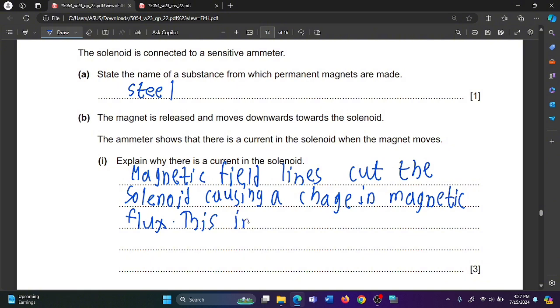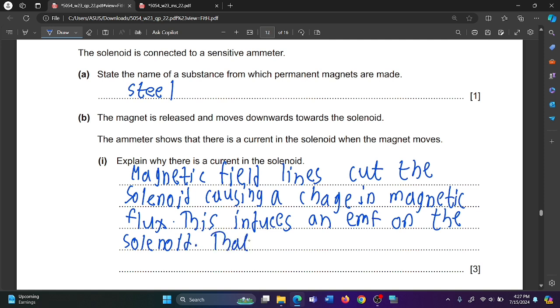This induces an EMF on the solenoid. Now that EMF produces, let's write produces instead of induces, as we wrote induces once, let's not write it twice.